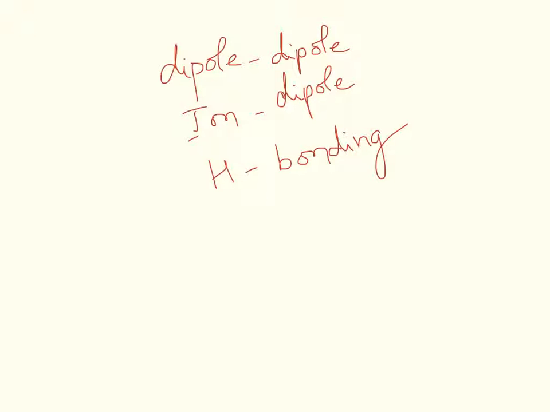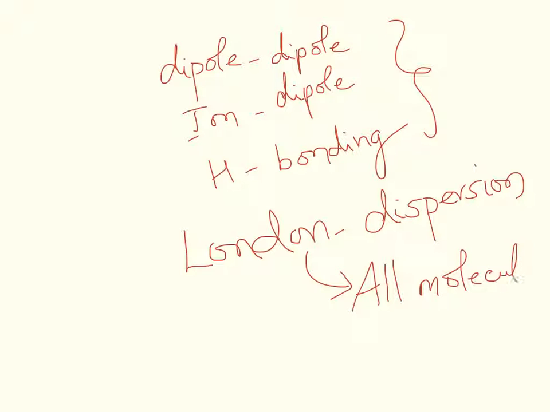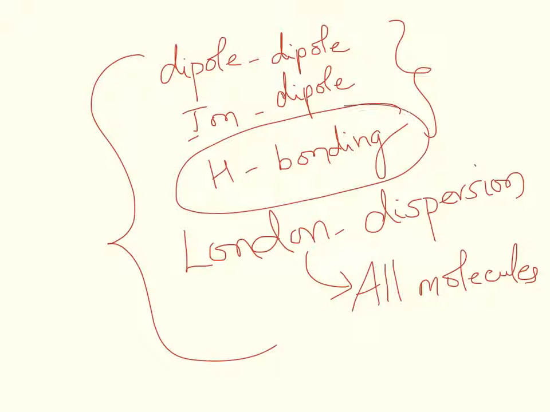Out of all the forces of interaction, there is one more known as London dispersion forces, and these forces exist in all types of molecules. All molecules have this. No conditions attached. Out of all these forces of attraction, hydrogen bonding is the strongest.